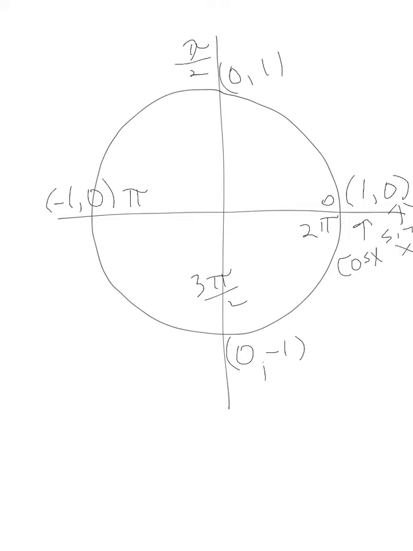So if you remember when we did the tangent values all the way around the unit circle, we said that the sine value of theta divided by cosine was tangent. So we went around the unit circle and we identified all of our tangent values.